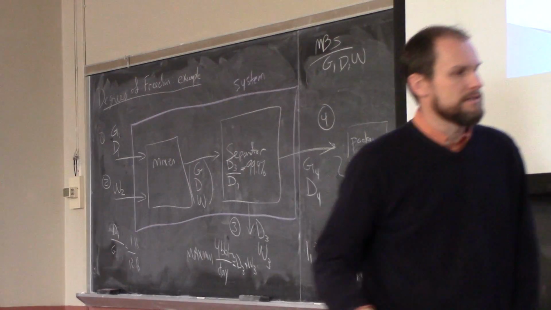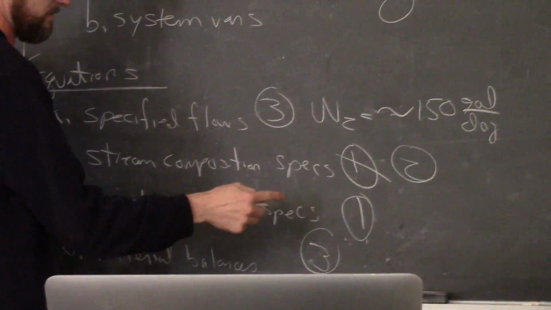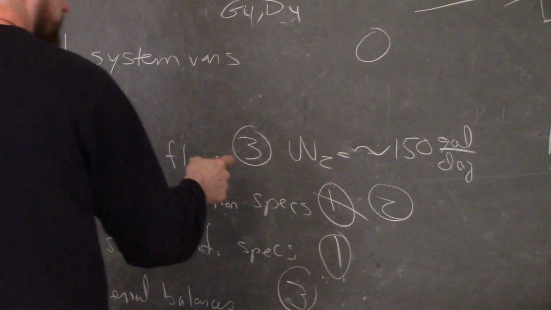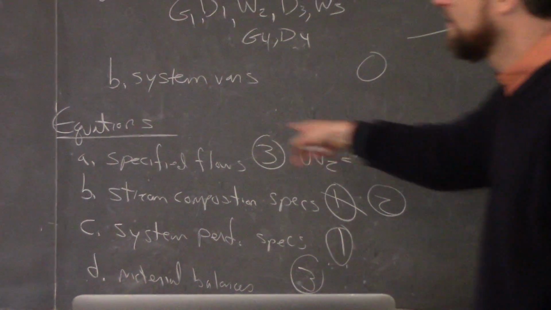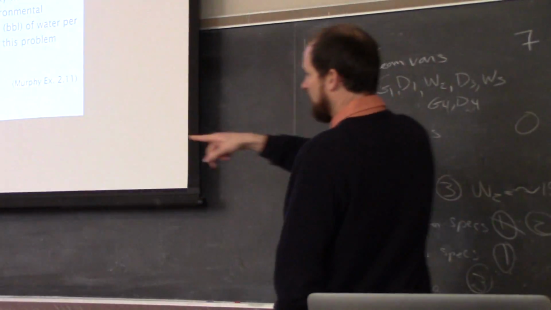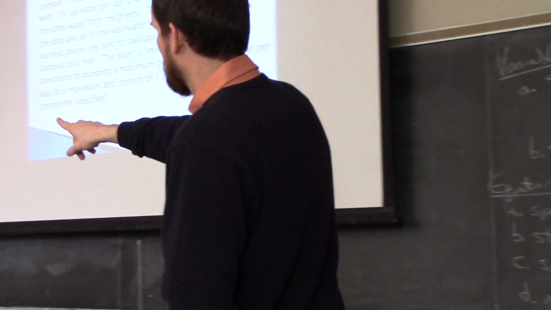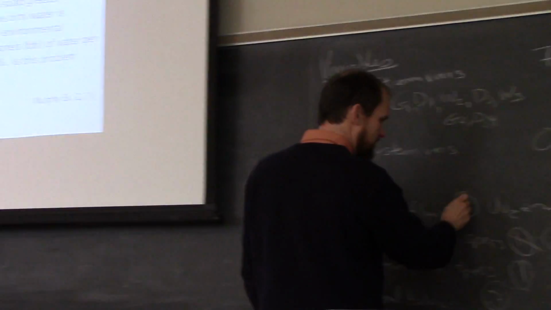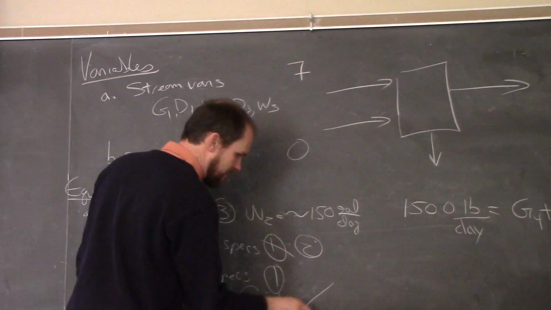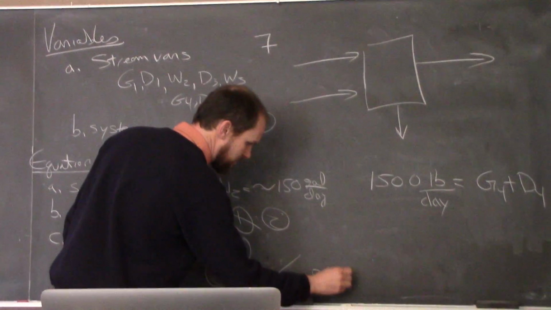That's going to give me 3. Also, aren't there just 2 specified flows? Not 2. Let's see, water flow rate was given, greens flow rate was given. Right, so this one, if I add in the barrels per day, that's the fourth, that's the third. Okay, so 3, 4, 5, 6, 7, 8, 9. This gives me 9 equations.